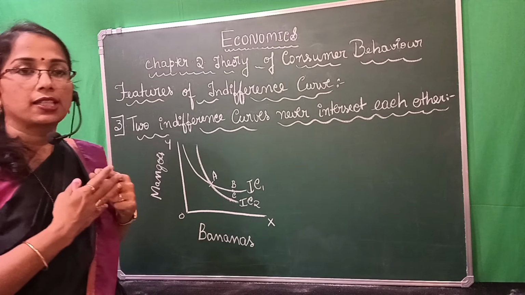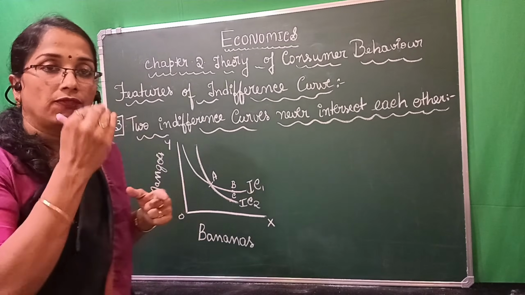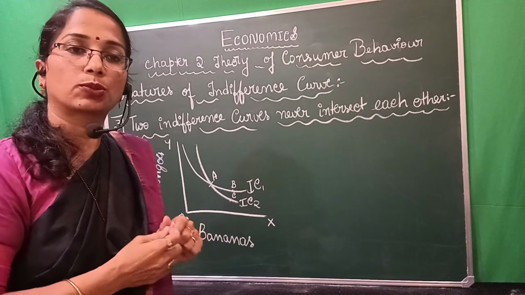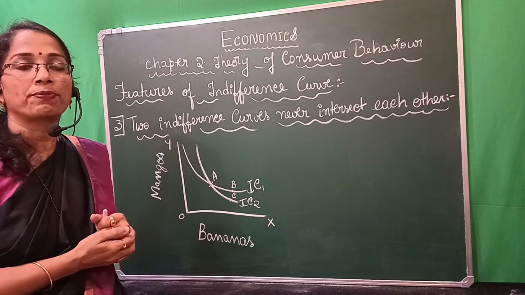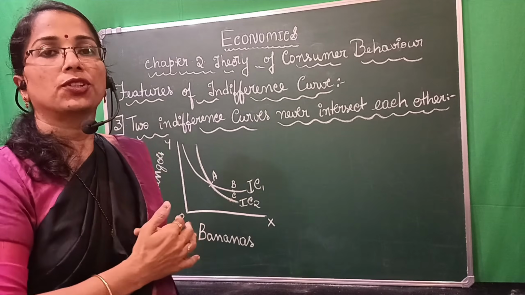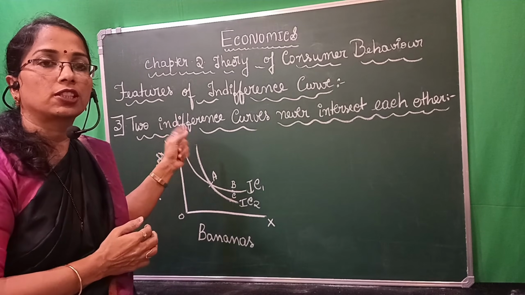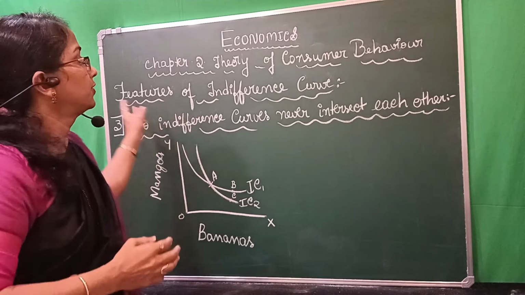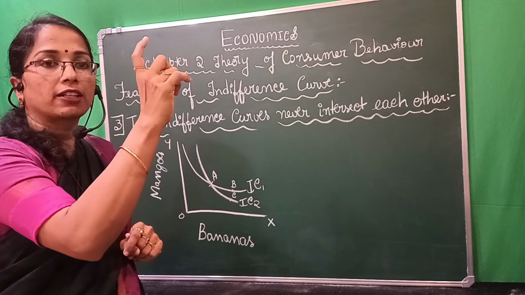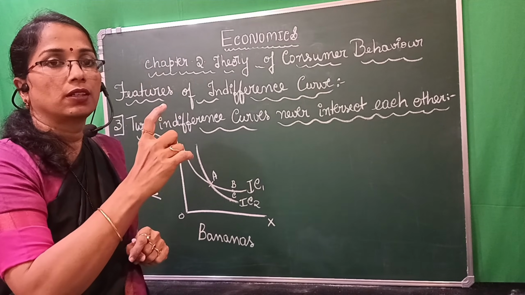So, in the exam, for 6 marks, you need to write 3 features. You need to explain these 3 features with the help of a diagram also. After drawing the diagram, you need to give a proper explanation. Before starting the features, instead of going directly to the features of an indifference curve, you can write one paragraph on what you mean by indifference curve.